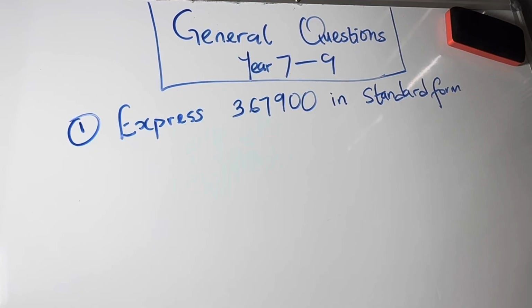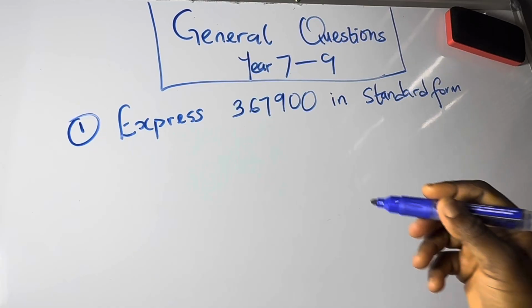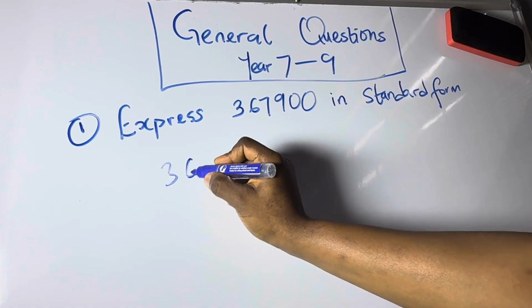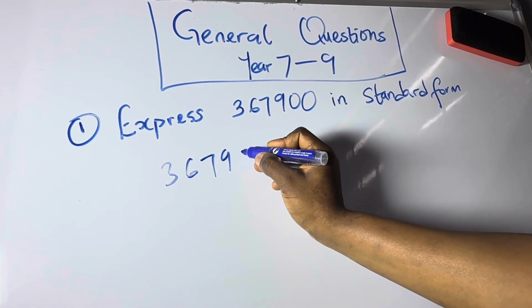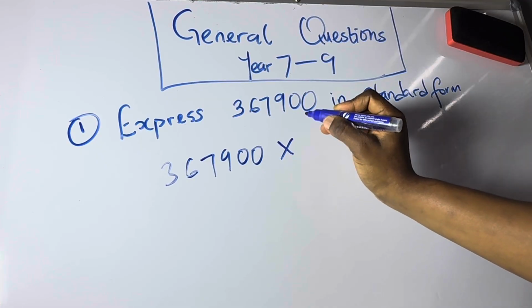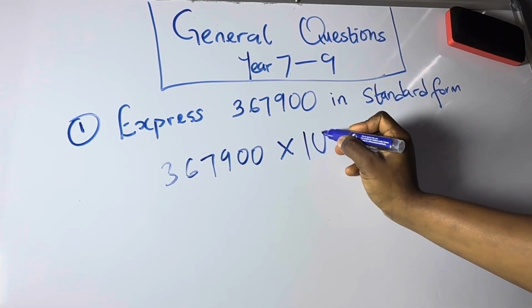Number one question says express 367,900 in standard form. Now to express this in standard form, that's 367,900 multiplied by 10 raised to power.